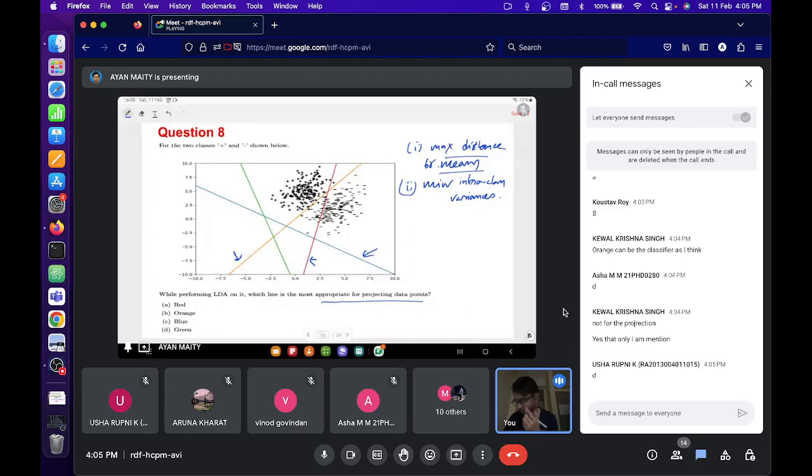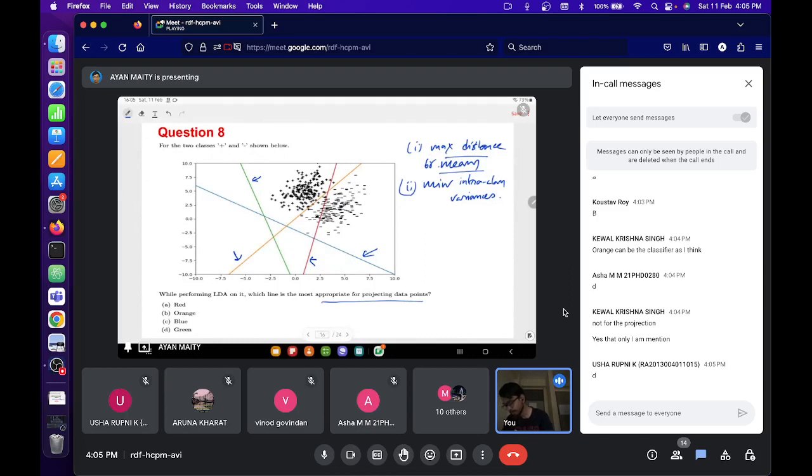Usha has written D, so we got all 4 options from the chat. This is the green. If we think about the objectives here, if we only think about the first objective, that is enough in this case.